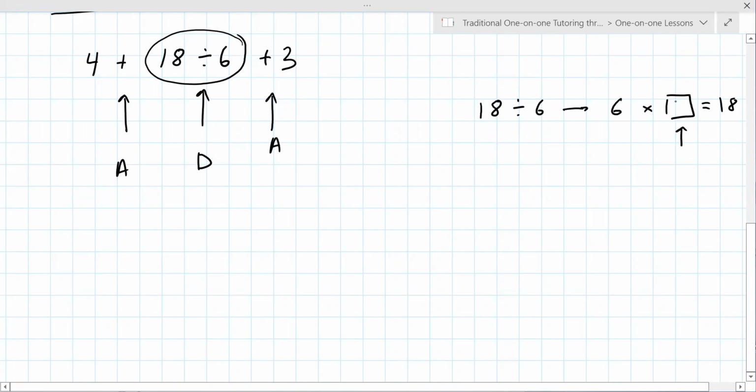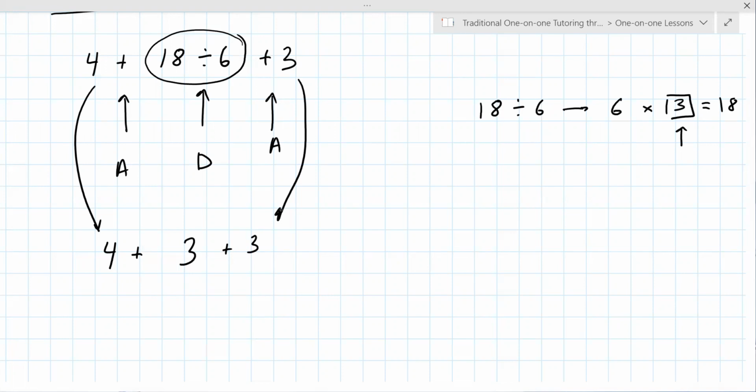It's 3, yeah. So 18 divided by 6 is 3, and then you bring the rest of the numbers down. And then I add it, right? Yes. 10? 10, yeah.